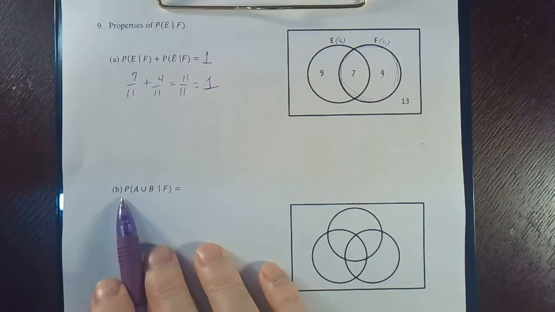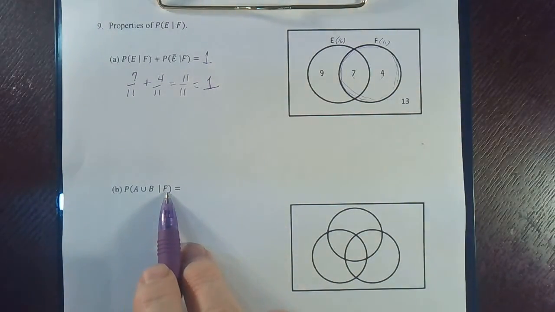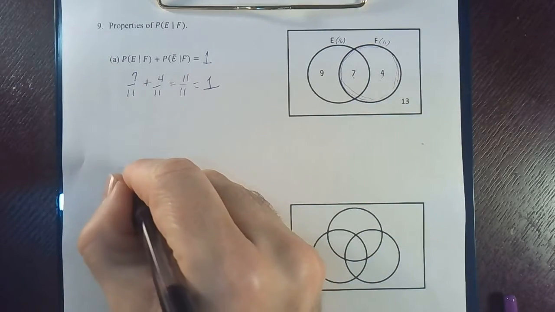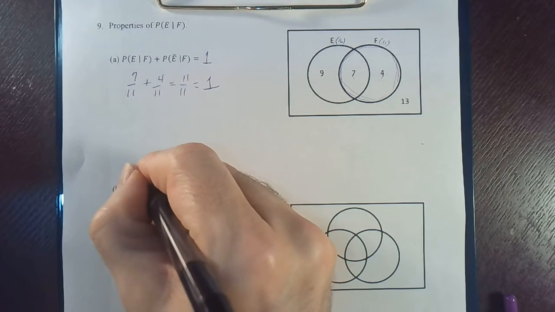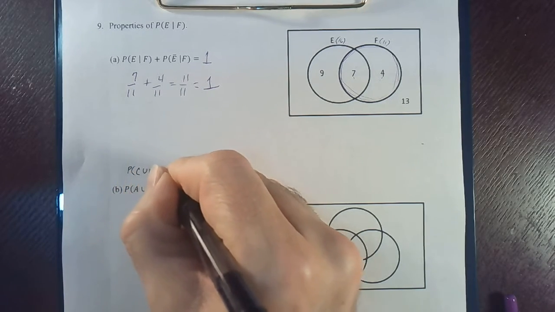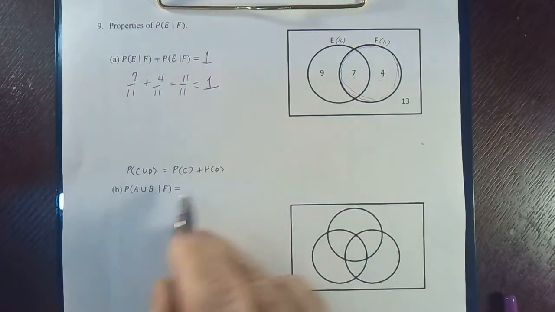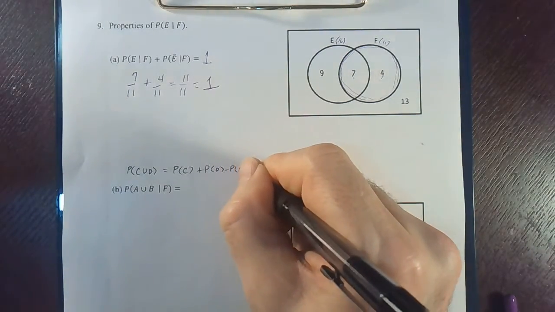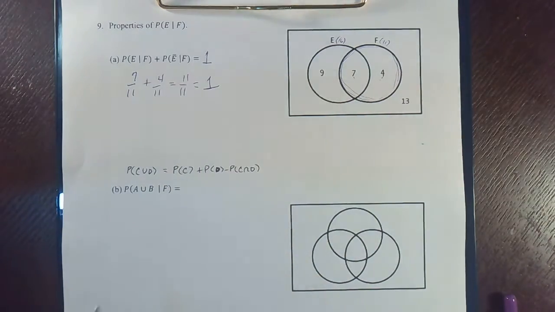The formula for this, the probability of A union B given F. Well, before I write that down, I'm going to recall that the probability of, and I'm going to use letters other than A and B, let's say C union D, is equal to the probability of C plus the probability of D minus the probability of C intersection D. Okay, because you don't want to count any probabilities twice.